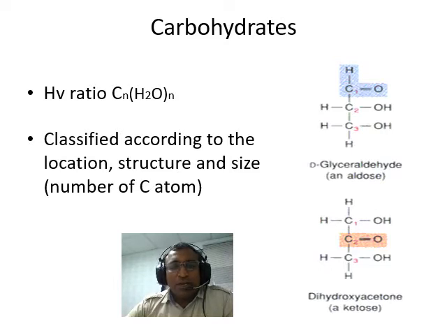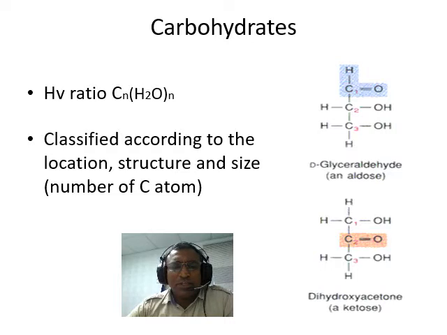Here I speak to you about the carbohydrate itself, where it has a ratio of CnH2nOn, with water multiplied by this n. You will see that compared to carbohydrate, lipid has much more hydrogen rather than oxygen.